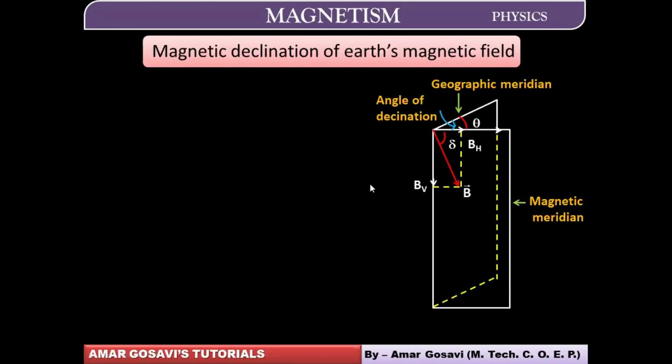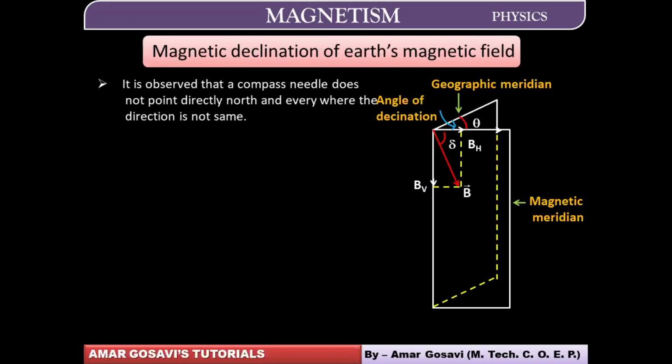Here you should understand the difference between the two. This theta, the angle between the geographic and magnetic meridian at a given place, is the angle of declination. That is different from the angle of dip. The angle of dip is the angle made by the magnetic needle with the horizontal, and that is denoted by delta. So there has to be a difference between theta and delta. It is observed that the compass needle does not always point north everywhere.